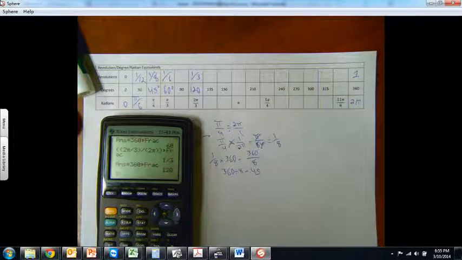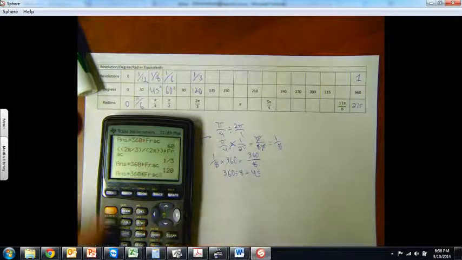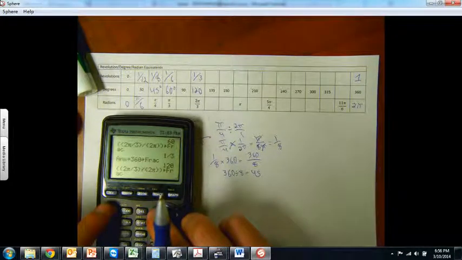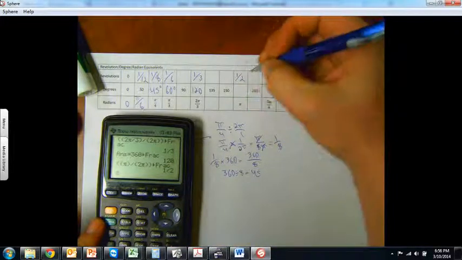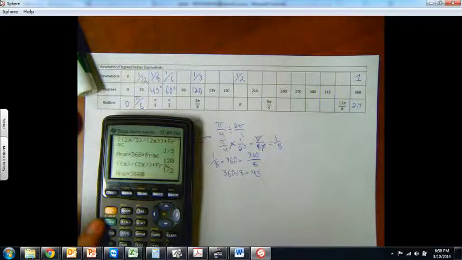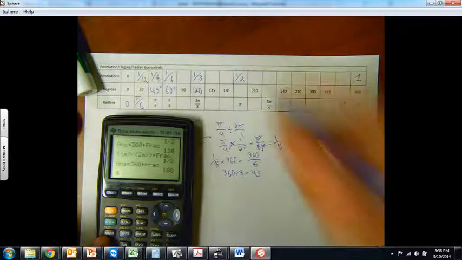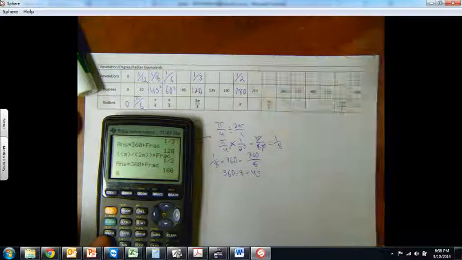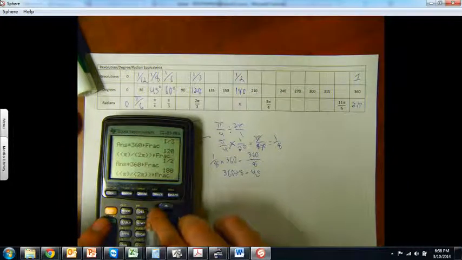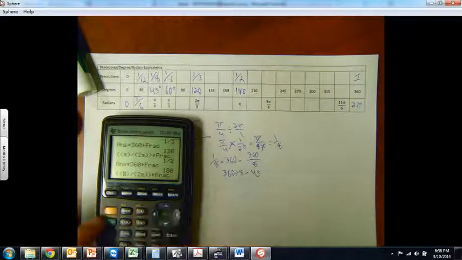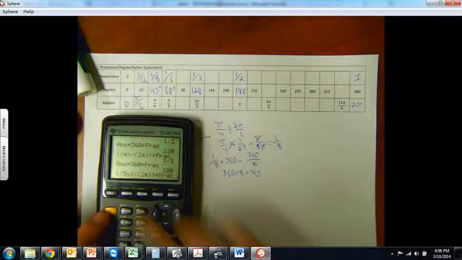So this can go pretty quickly. I'm just going to go ahead and start filling in the rest. Let's start with radians. Next one is just pi, which is a 1/2 rotation, times 360 to fraction, 180. Next one, 5 pi over 4. I'm going to insert that. 5 pi over 4.